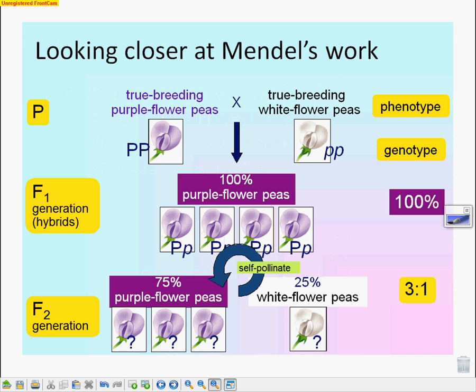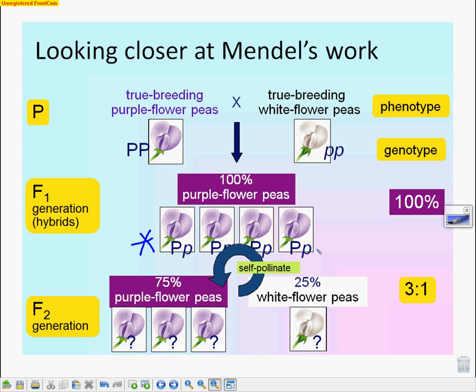So let's put that together with Mendel's work. All of the plants in the first generation would have the same genotype and the same phenotype. And we've got two different genotypes and two different phenotypes up here.